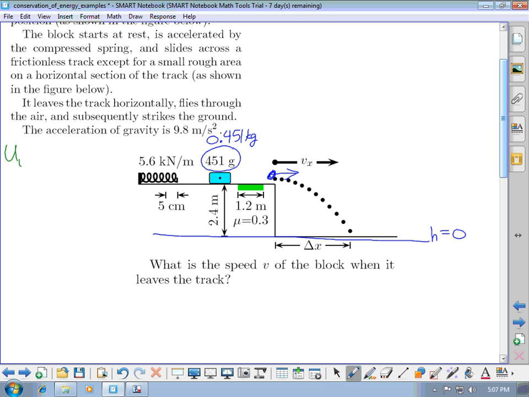So at the beginning, I have some potential energy stored in the spring. It's 1/2 times 5,600 times 0.05 squared, which is 7 joules.